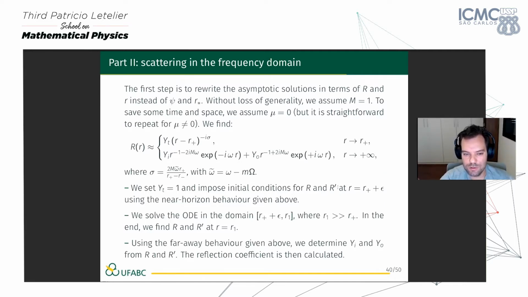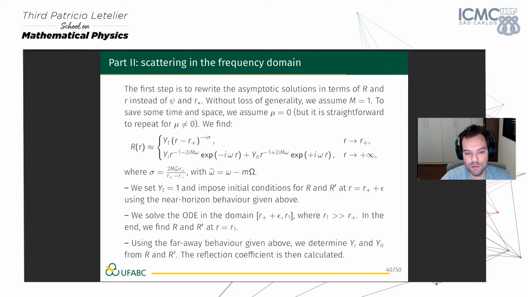So we basically calculate this behavior, this function here. We substitute here r equals r plus epsilon, then we get epsilon to the power of minus i sigma, and sigma is known since we know the mass and where the event horizon is. R minus is the Cauchy horizon, and so it's another root of that delta function we've seen on Tuesday.